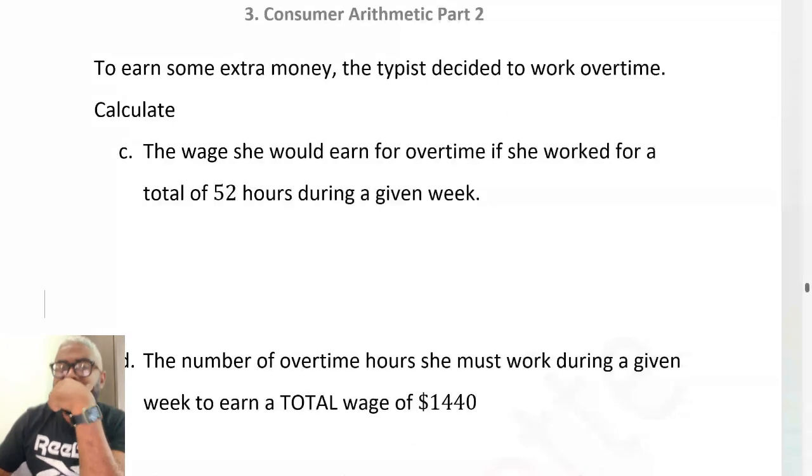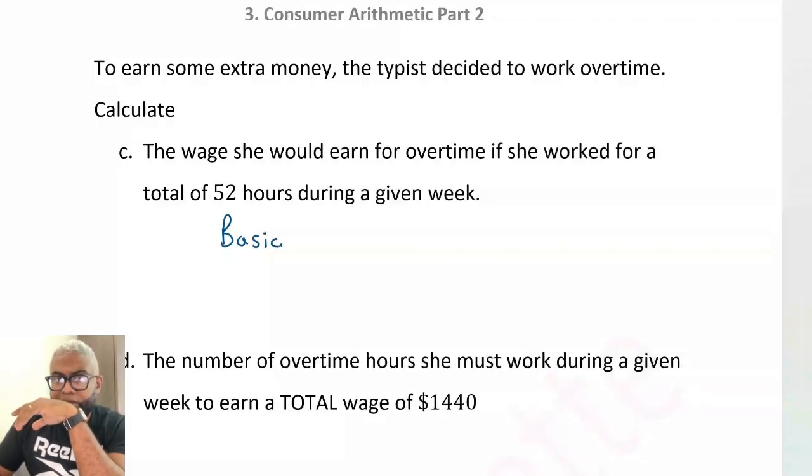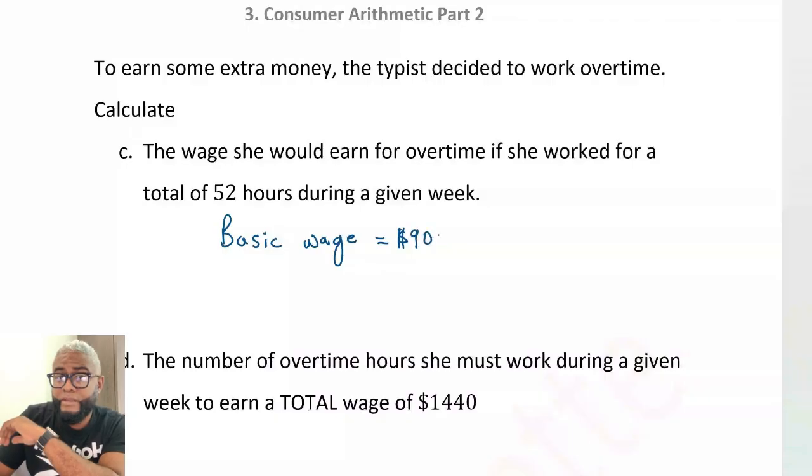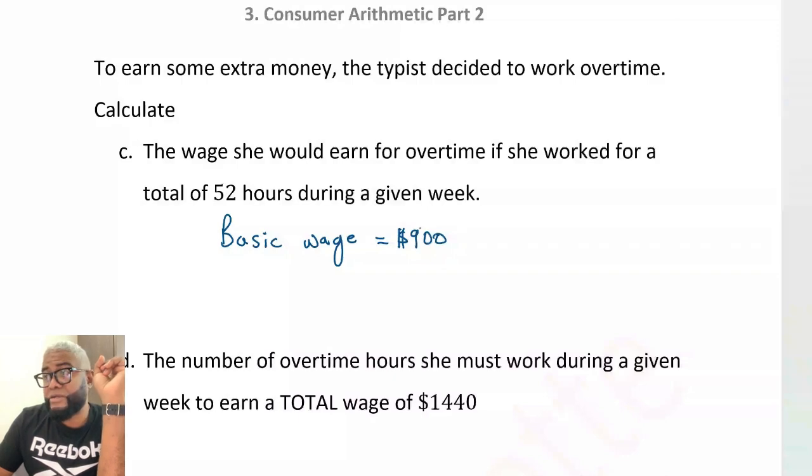Now, how much is she making in normal time, basic time? What was her basic wage for the week? That was 900. So let me write that, because that's part of what we need to calculate. How many overtime hours are within these 52 hours? 12. So what's the terminology?